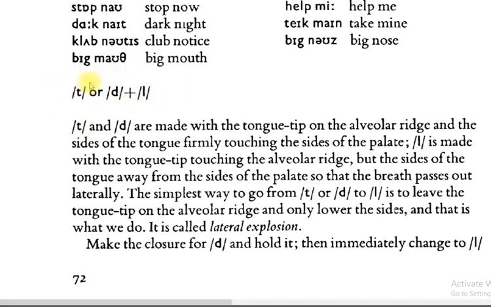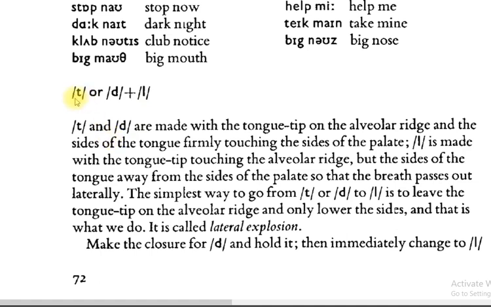T or d we can call stop. They are both stop consonants, and l is a lateral consonant. So we can say stop plus lateral, because t and d are both stop consonants and L is a lateral consonant. This is with regard to manner of articulation.